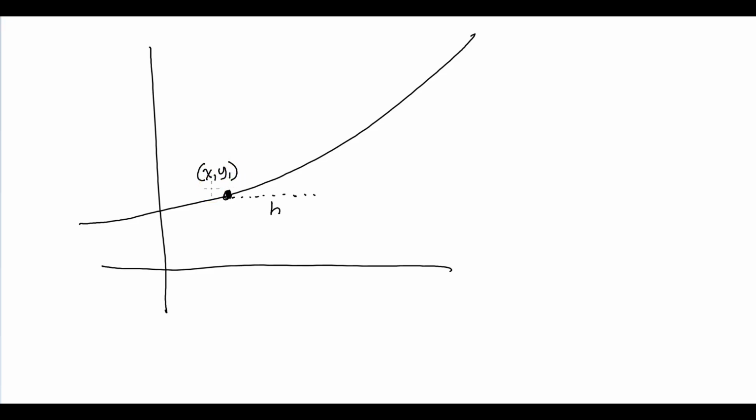And dy/dx is a function of x and y. Well, you would find the derivative at this one point. You're given this initial point. Okay, and you draw a line with the same slope as the derivative at that point.